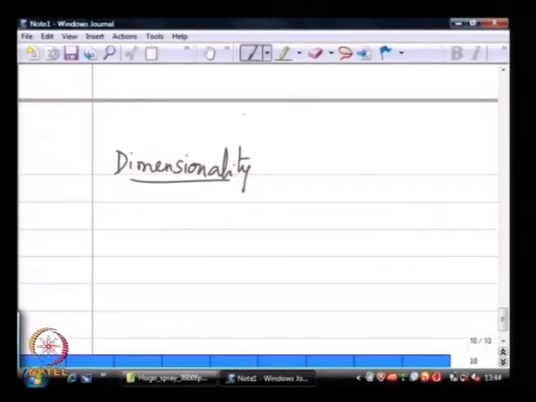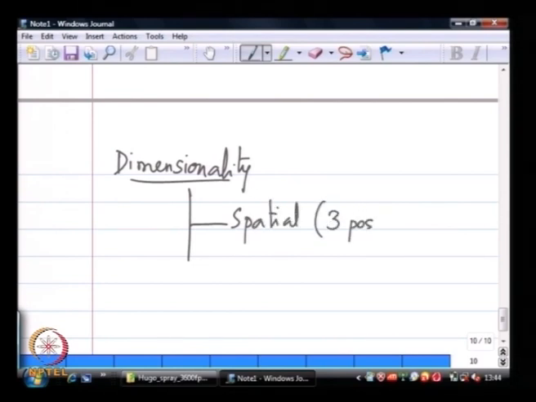Now, if we look at what dimensionality means, the first thing, spatial, that is 3 position plus 3 velocity dimensions. So, I have 6 dimensions in the phase space to completely identify one particle, but I also need to know another dimension which is size. Every particle in this spray could be, and in general is, a different size.